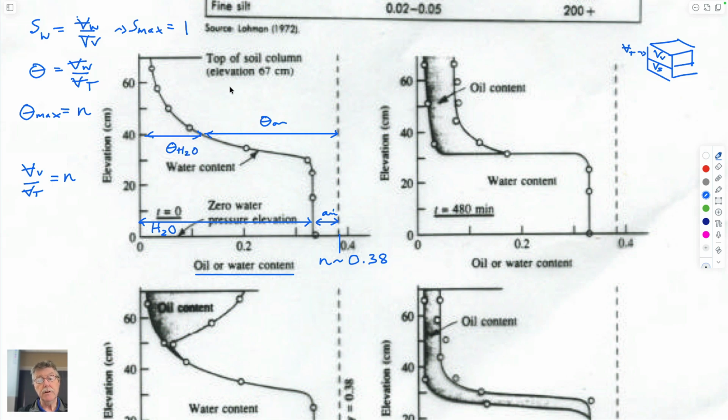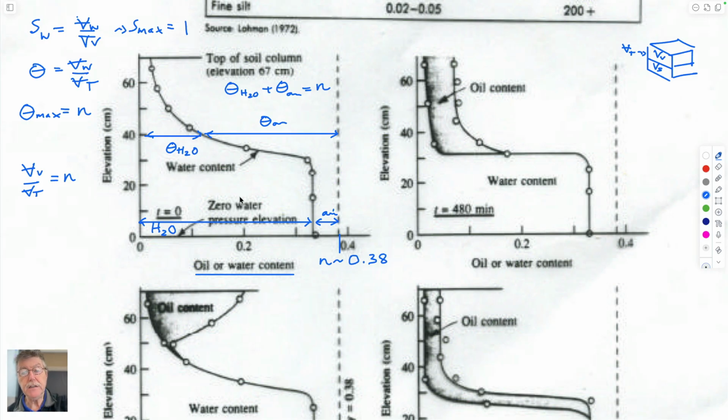I suppose we could also note that the volumetric content of water plus the volumetric content of air must equal the porosity. Right? Makes sense. If there's nothing else in the porosity, it can only be comprised of these two volumes. They're both normalized relative to the total volume, and so if you fill them both up, that would be the definition.